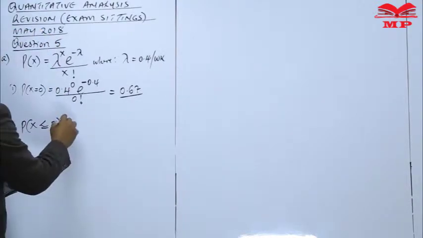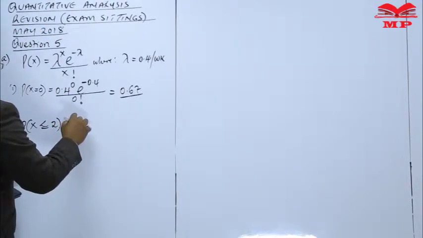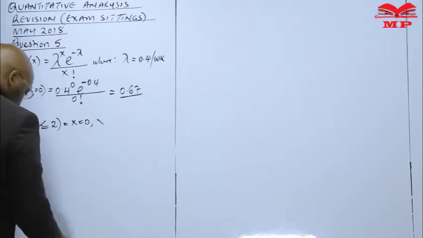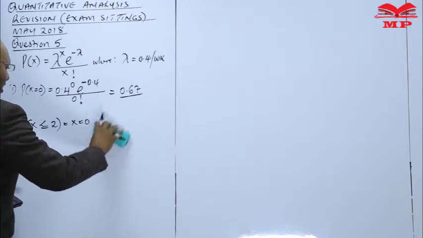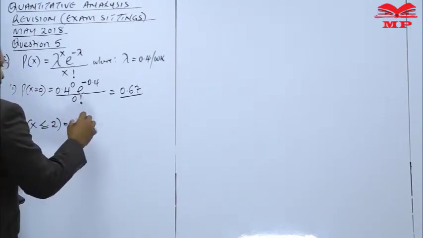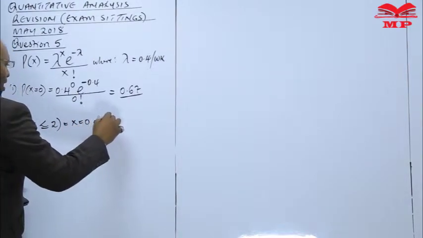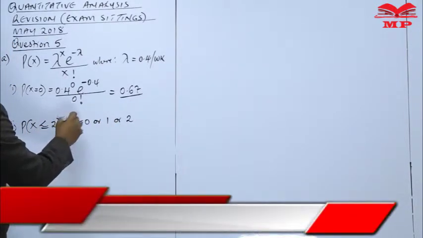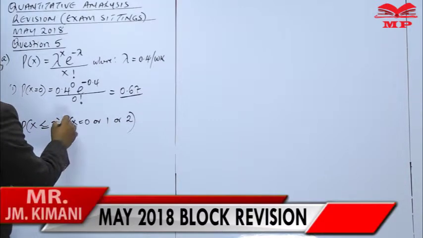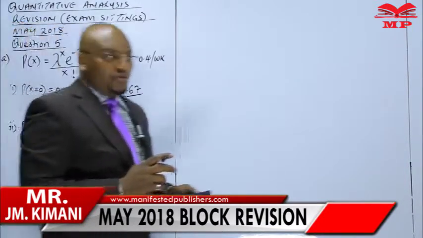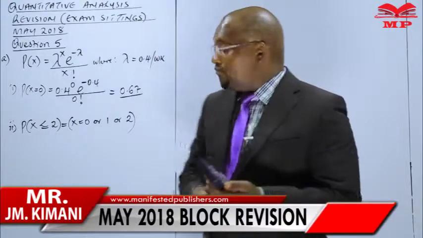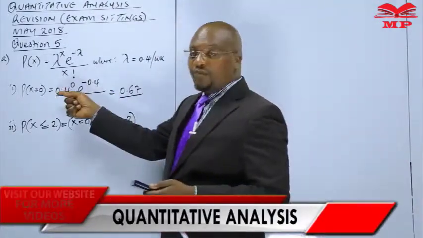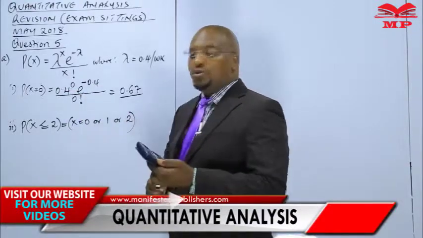So we can say it is probability of x equals 0 or 1 or 2. So at most 2 means 0 or 1 or 2. What we are going to do, we have already done the 0. We do the same thing for 1 and for 2 in this manner.